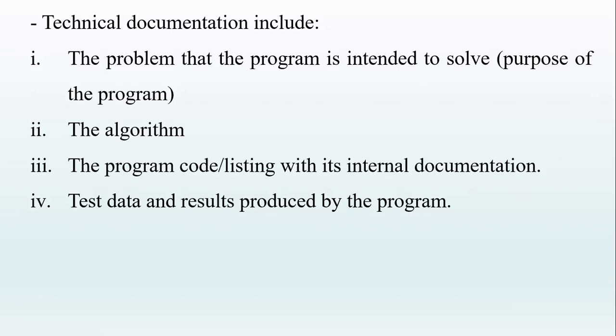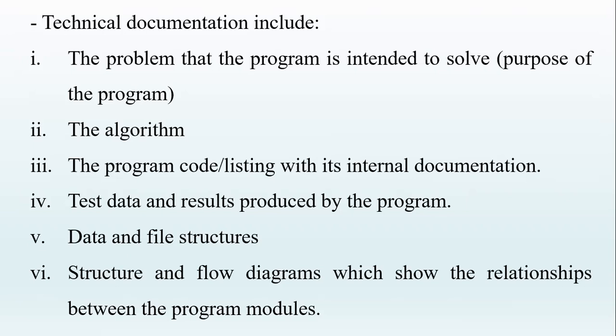Number 4 is test data and results produced by the program. Number 5 is data and file structures. Number 6 is structure and flow diagrams, which show the relationships between the program modules.